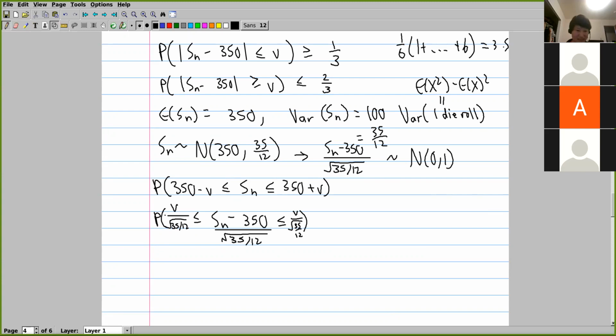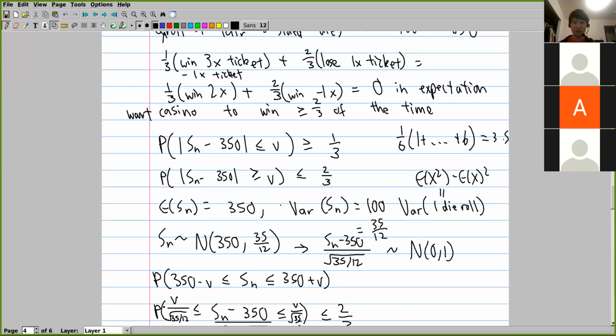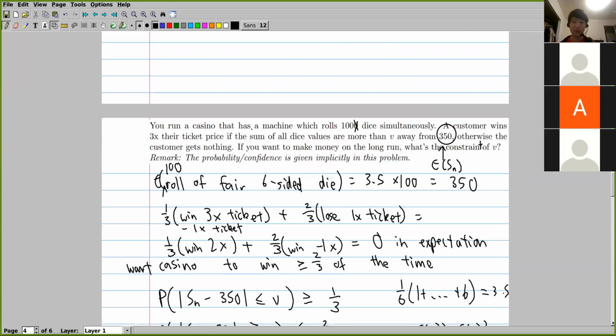And then this is negative. So now we want to look up in our CLT table whatever makes this... Wait, shoot, I forgot. Sn is fine because we want to measure whether the sum is more than V away from 350.